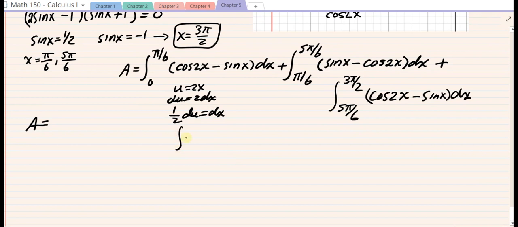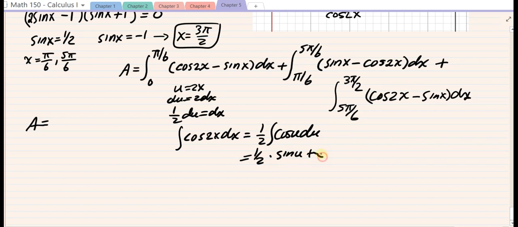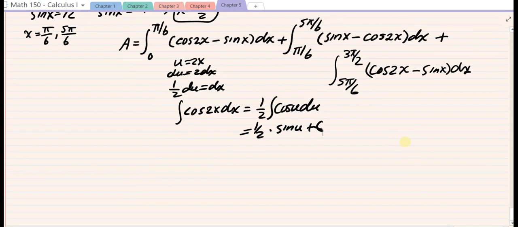So as an indefinite integral, the integral of just cosine 2x dx reduces to the integral of 1/2 cosine u du. And the integral of cosine is sine, right? Plus the constant of integration. And of course the integral of sine is going to be negative cosine.